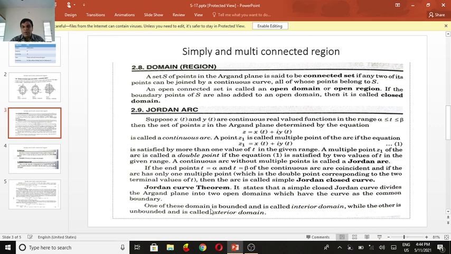One of these domains is bounded and is called the interior domain, while the other is unbounded and is called the exterior domain.